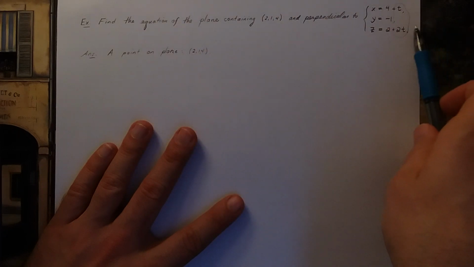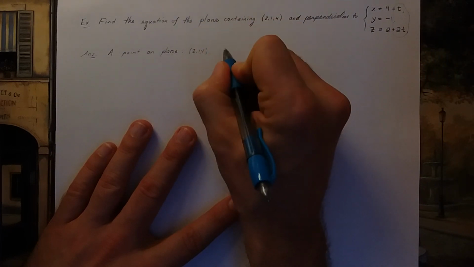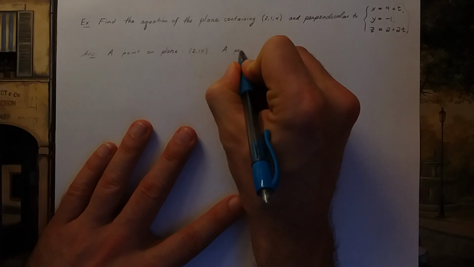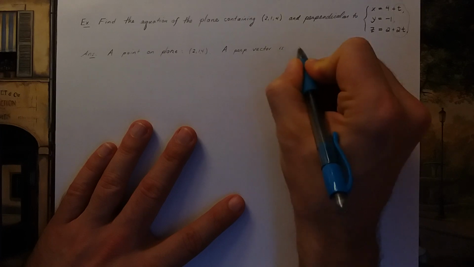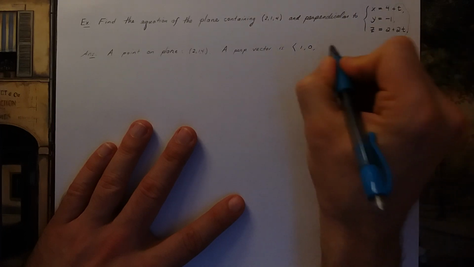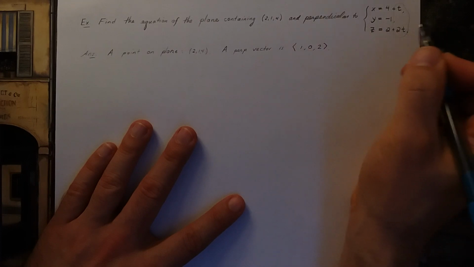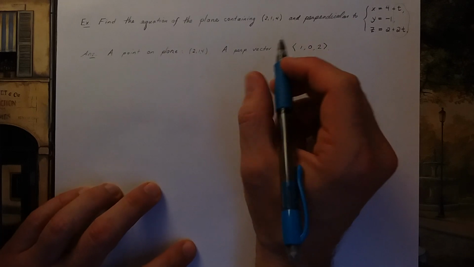And if a vector is parallel to the line, it's going to be perpendicular to this plane. So a perpendicular vector to the plane, in this case, looks to be (1, 0, 2). So I took the coefficients of t in these three parametric equations.